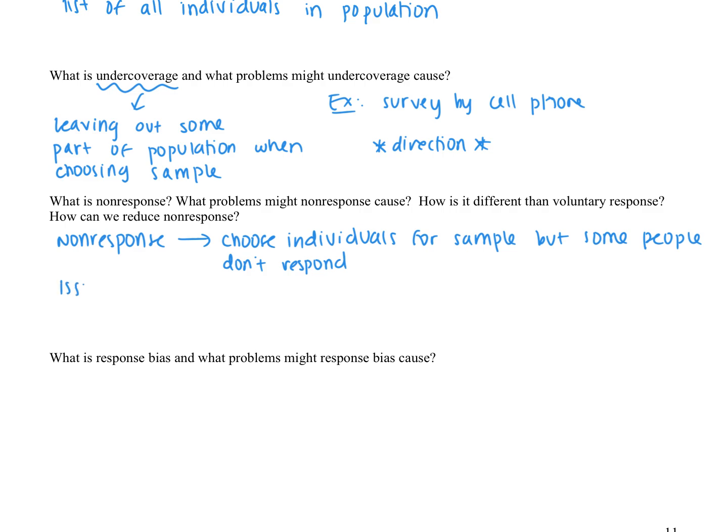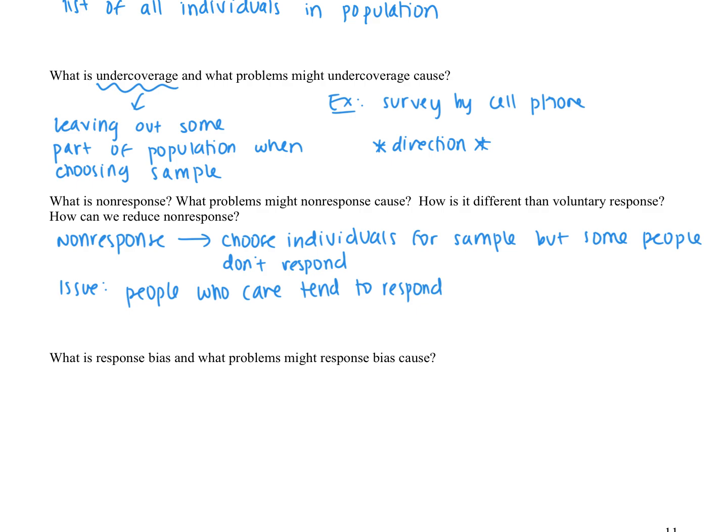The issue is still the same, though. Like, what is the problem? The problem is that people who care tend to respond. So we are generally only going to get the people who care really strongly about whatever the issue is that we're asking. The people who don't respond generally don't care. So we're going to overrepresent the people who do care one way or another.